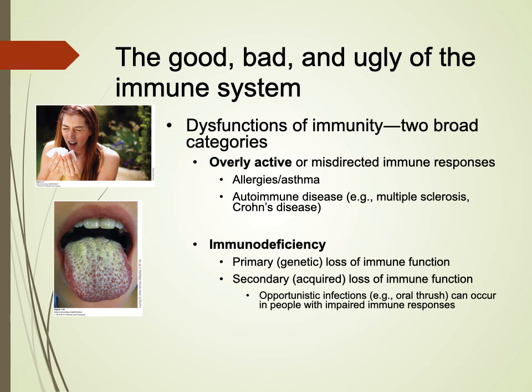This is where there's either a primary genetic loss of immune function, so someone could have a mutation in their genes that causes them to not have a fully functional and robust immune response, or it could be secondary, which is acquired immune loss. Sometimes secondary loss of immune function is viral.